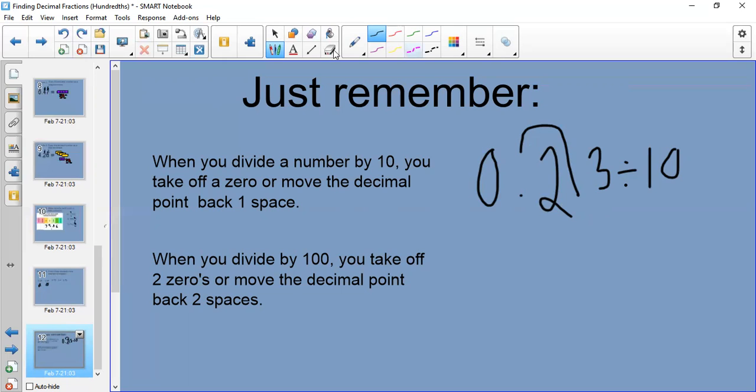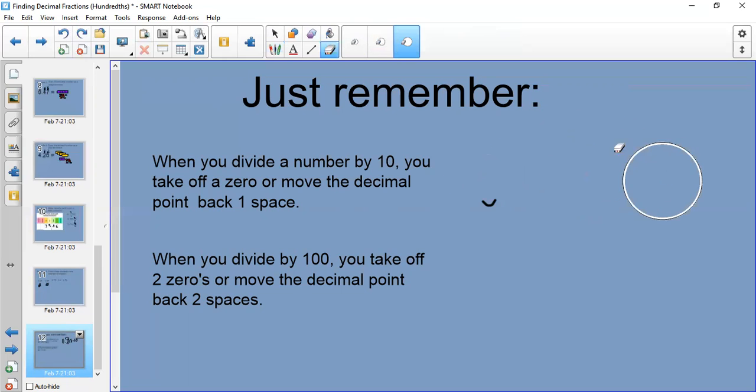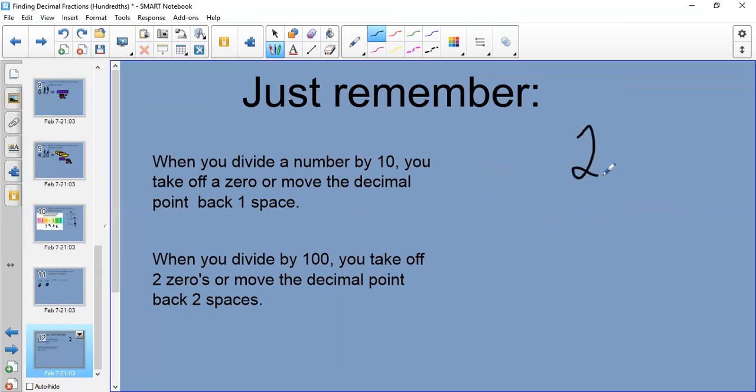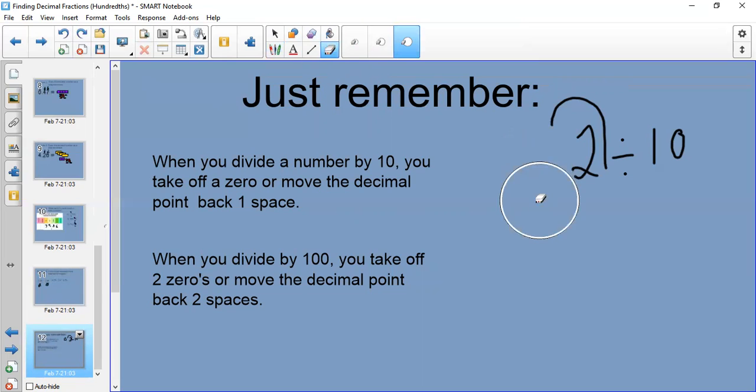Same if you had just, for example, the number 2. If you wanted to divide 2 by 10, again, you're moving the decimal point back one space and putting your placeholder in, so 0.2.